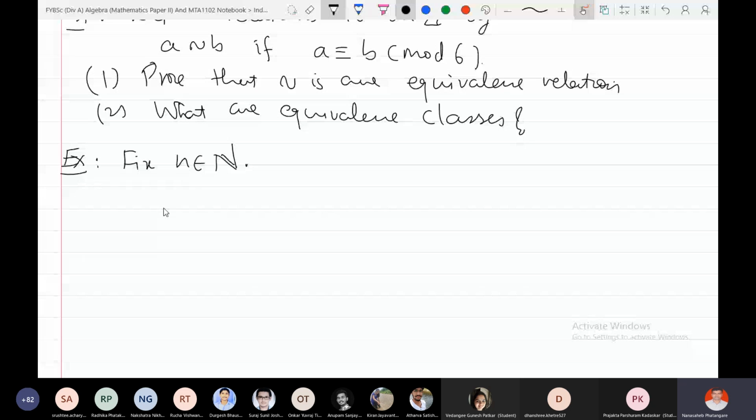When I say fixed n, that means I am choosing a particular n, whatever it may be. So A congruent to B modulo n means what? n divides B minus A. Very good.